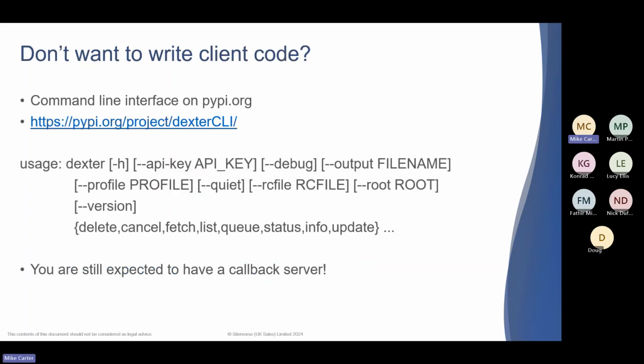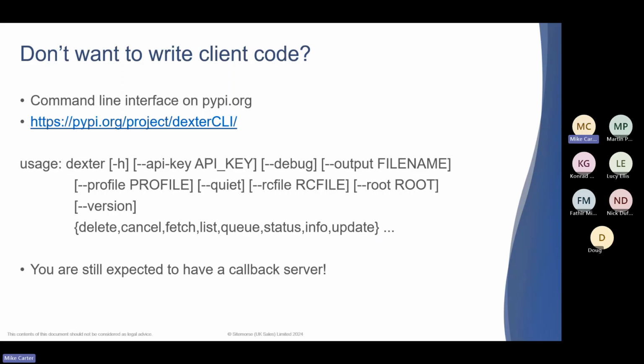And what if you don't want to write client code? Well, you probably do, but we've also got a command line version of this as well. You can go find that there on the Python project, Dexter CLI, go look for that, and you can then run it from the command line. And there's the usage on that.